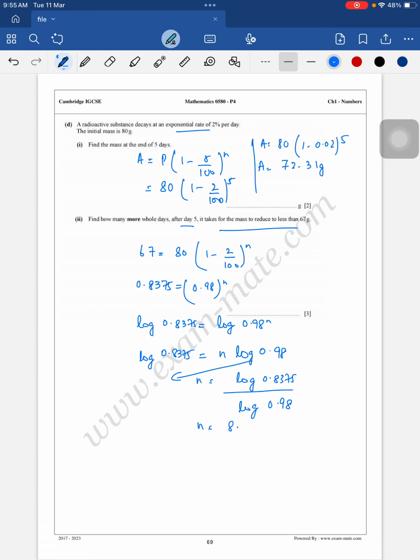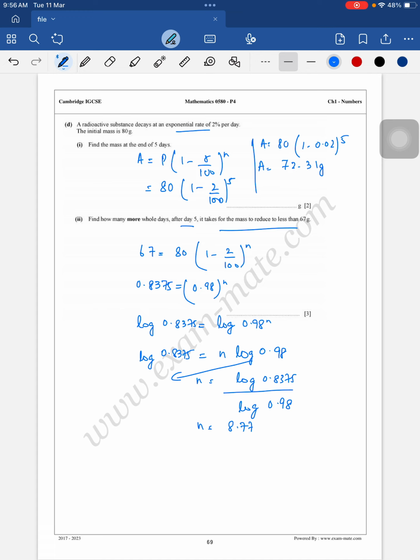For the mass to be 67. But since we are asked to calculate the days for the mass to be less than 67, right? Are you getting my point? So it should be log 0.8375 upon log 0.98.